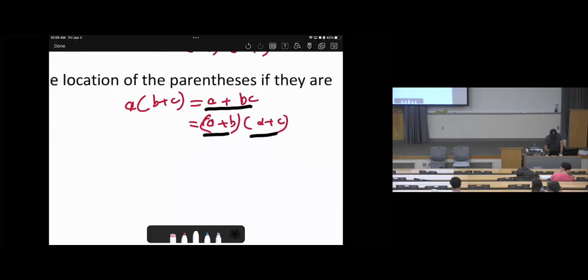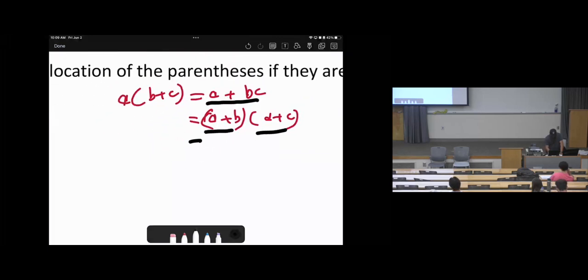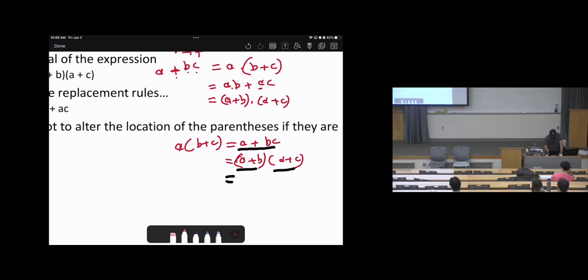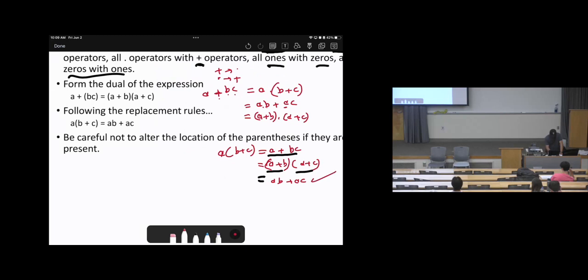Then after that, we can apply another duality principle, which will be A times B plus A times C. Then we validate how? We validate this. Okay, clear?